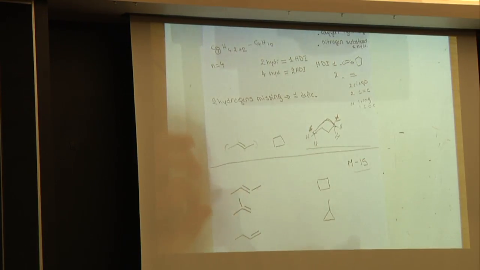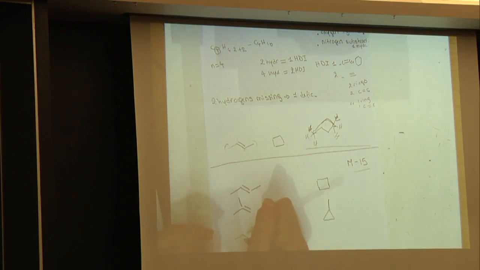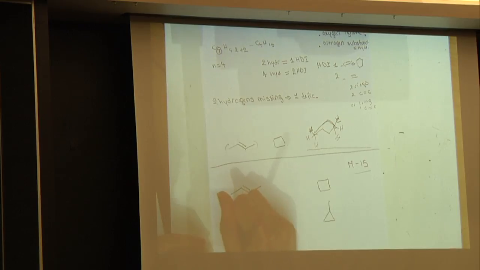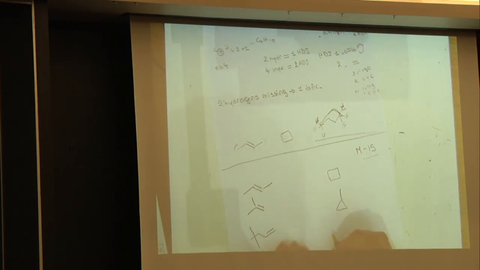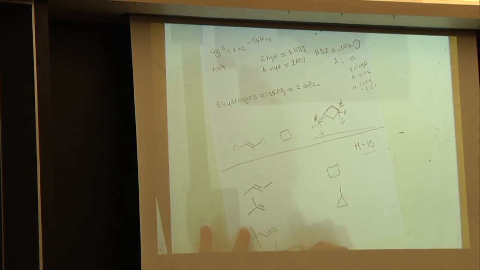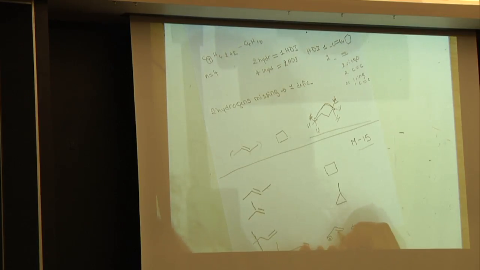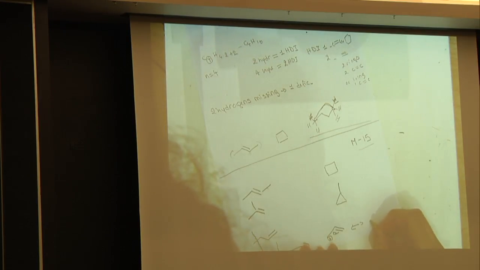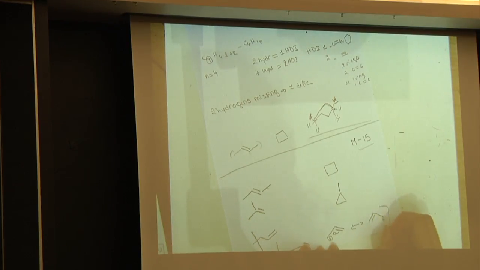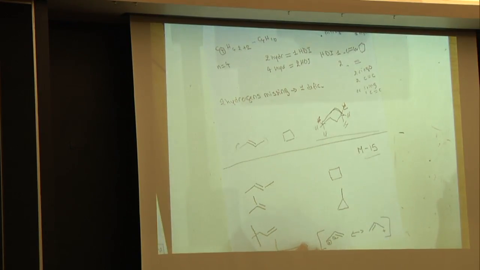And it's going to be this one here. It's going to fragment like this. So this one here is going to give you this, which exhibits stability like that, okay? And that's going to be your most stable fragment.